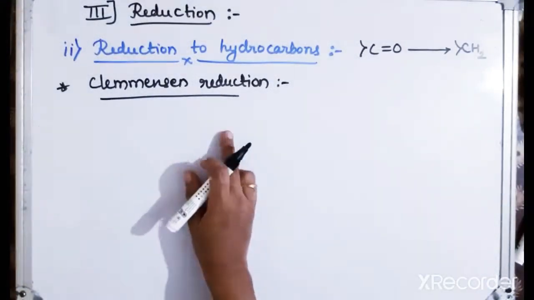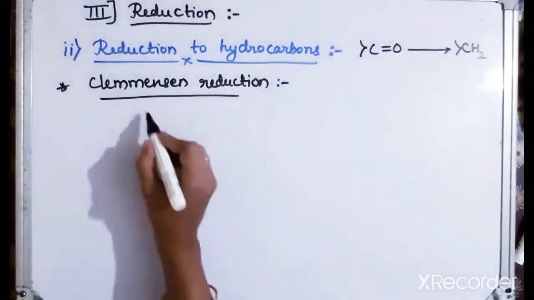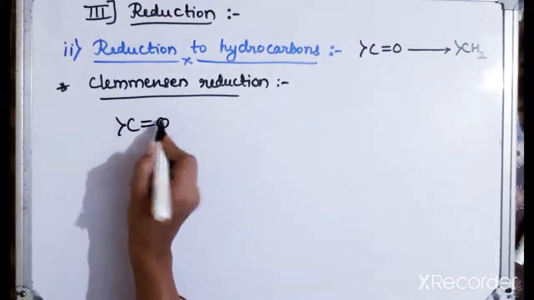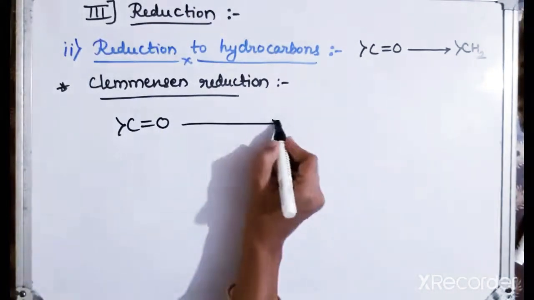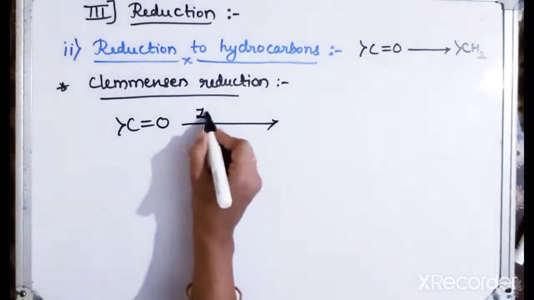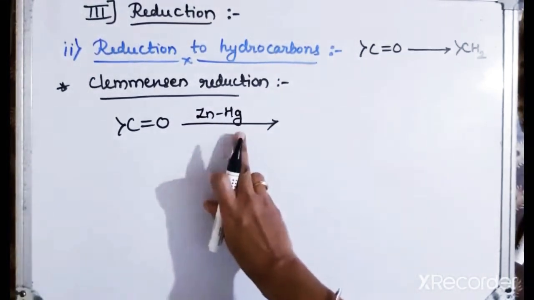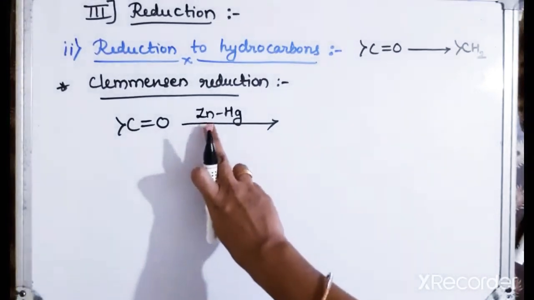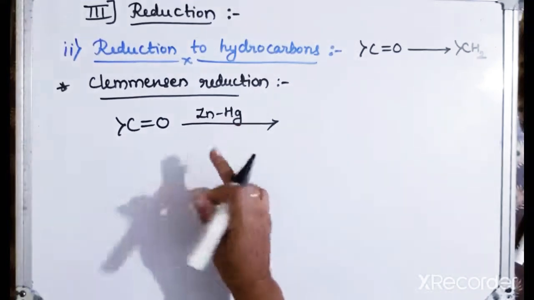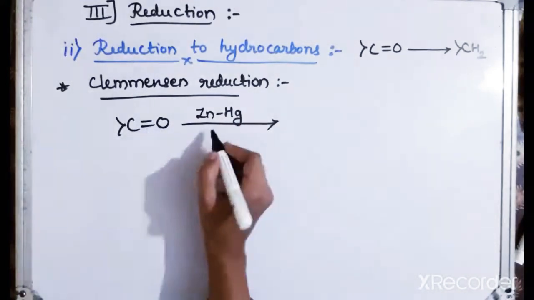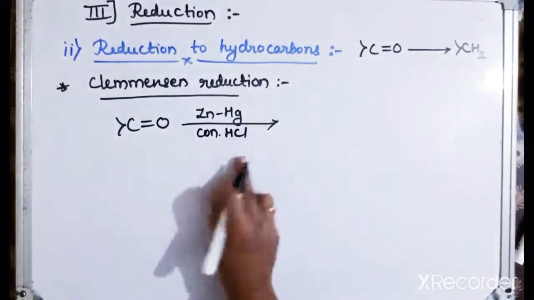Clemmensen reduction, first one. What happens in Clemmensen reduction? Here the carbonyl compounds, the aldehydes and ketones, are treated with zinc amalgam, represented as Zn-Hg. It is an alloy of zinc and mercury, which is treated with aldehydes and ketones in presence of concentrated hydrochloric acid.